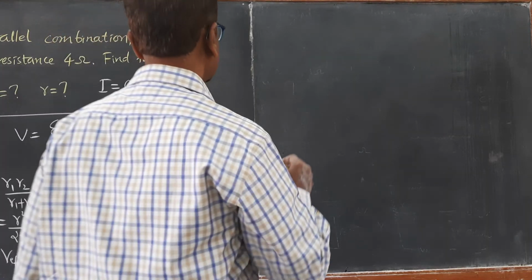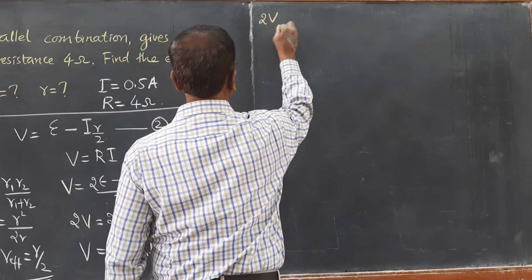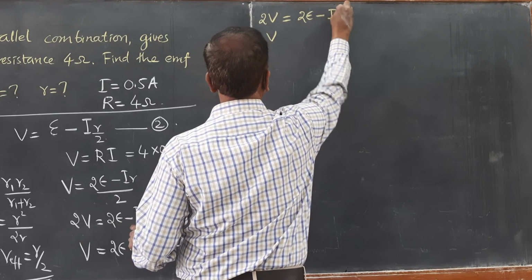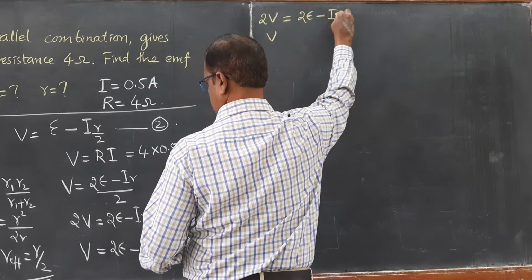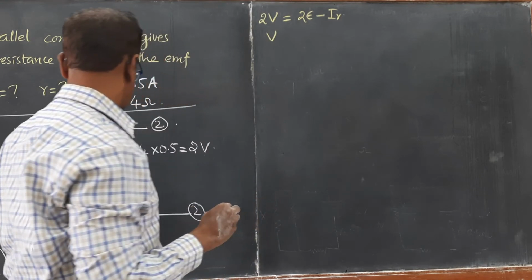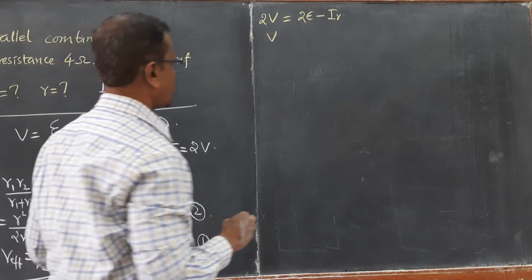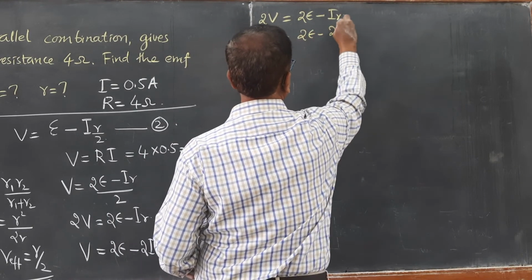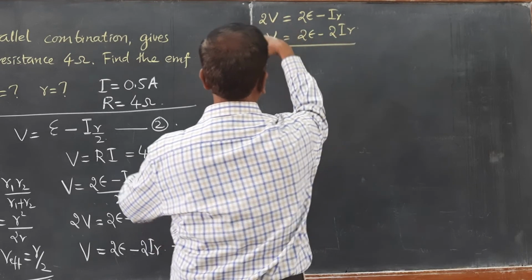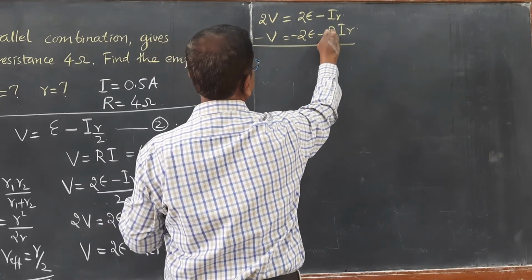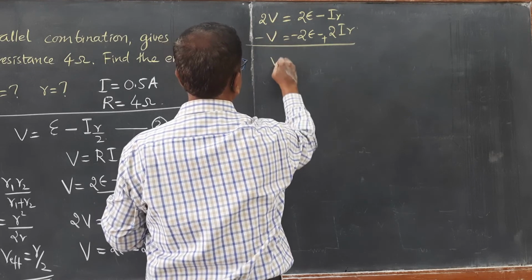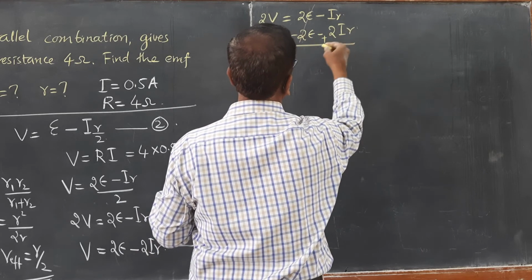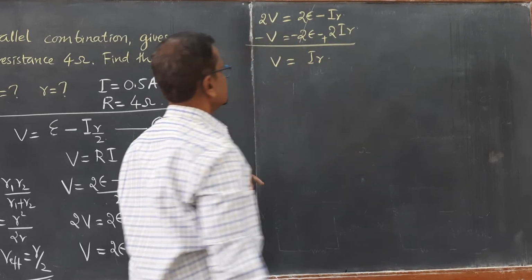Subtracting 1 from 2, we get 2V equal to 2E minus IR, and here V equal to 2E minus 2IR. So subtracting these two, we get 2V minus V equal to V, and 2E cancels. So you are left with 2IR minus IR, which becomes IR. So V is equal to IR.